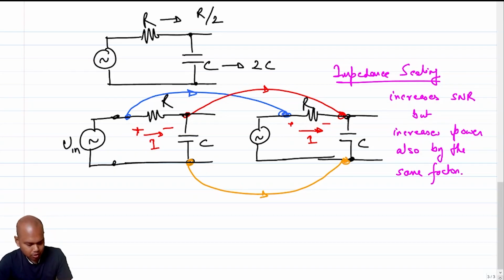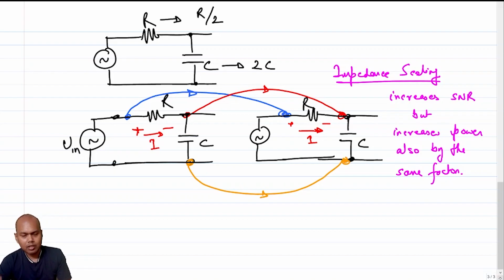Okay, so in very layman's language, one might say that if you want to buy signal to noise ratio, you have to pay with power. Power is the currency through which you buy signal to noise ratio. So let's say you have some signal to noise ratio of 20 dB, and you want to double it, that is, I want to go to 23 dB.